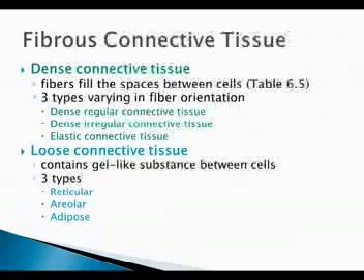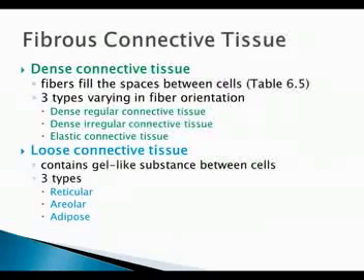Right? And so dense regular, dense irregular, and elastic all fall under that category. While loose connective has gel or more open space between the fibers in that type of tissue. And there are 3 types that fall under that categorization: reticular, areolar, and adipose.